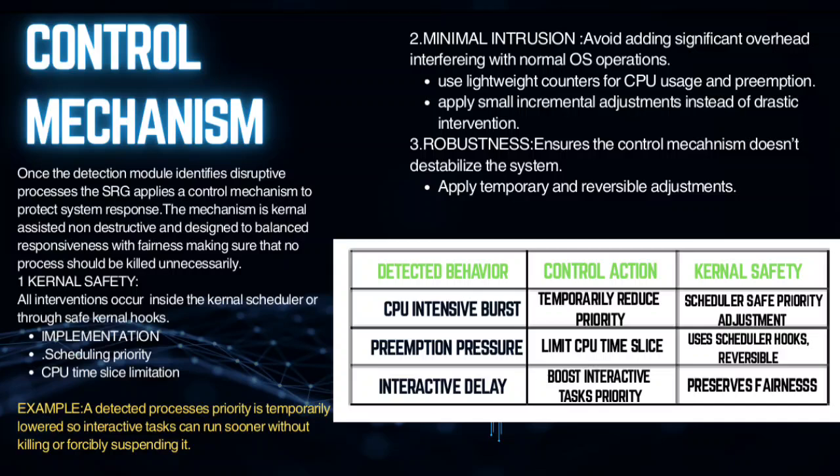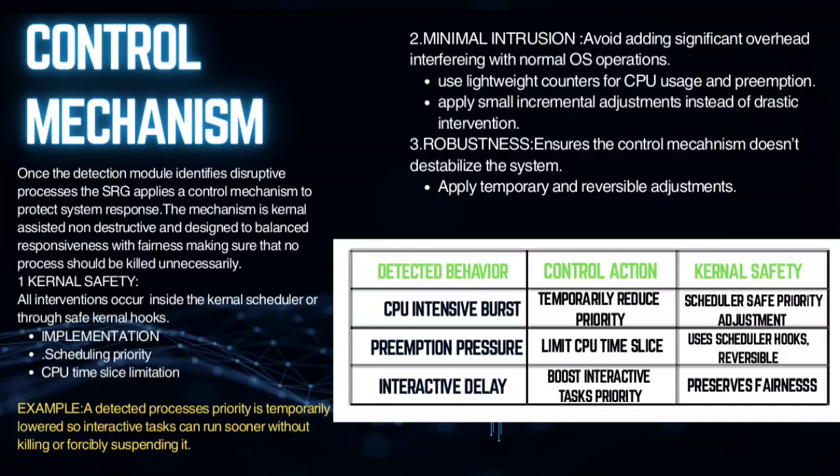When the detected behavior is a CPU-intensive burst, the control action temporarily reduces priority, and the kernel safety is a safe priority adjustment.